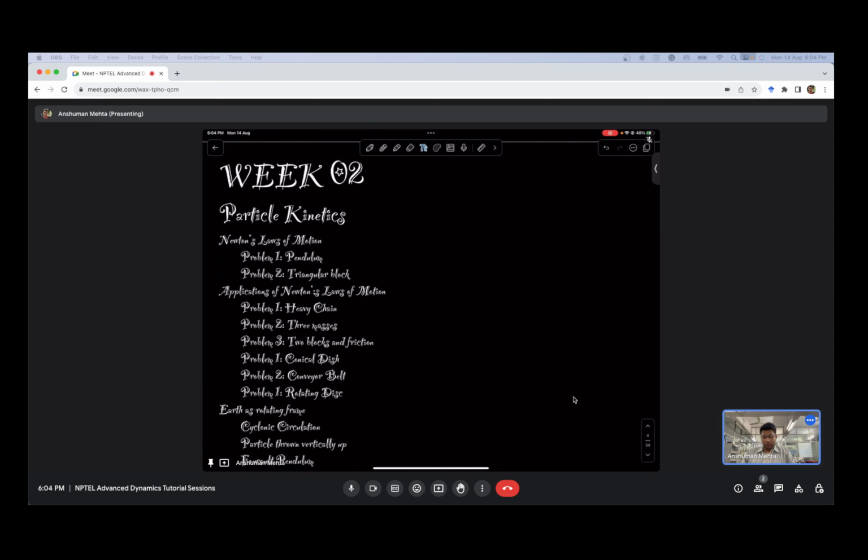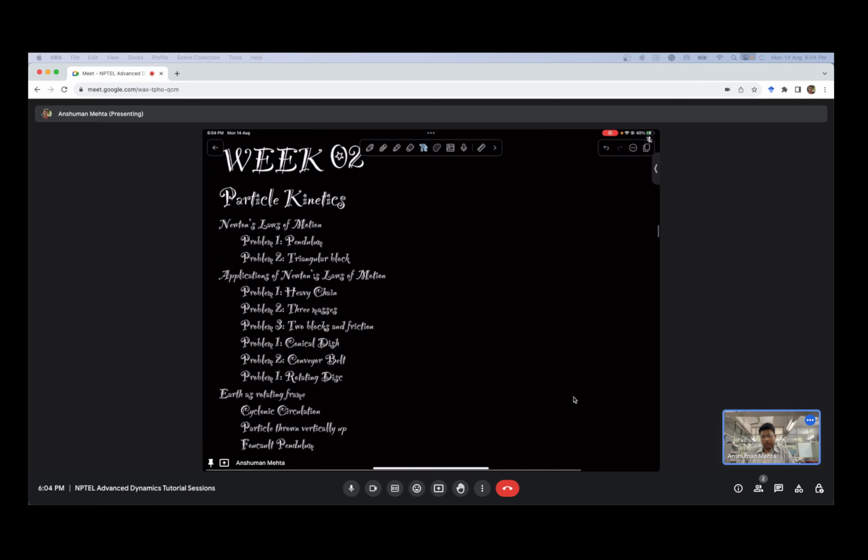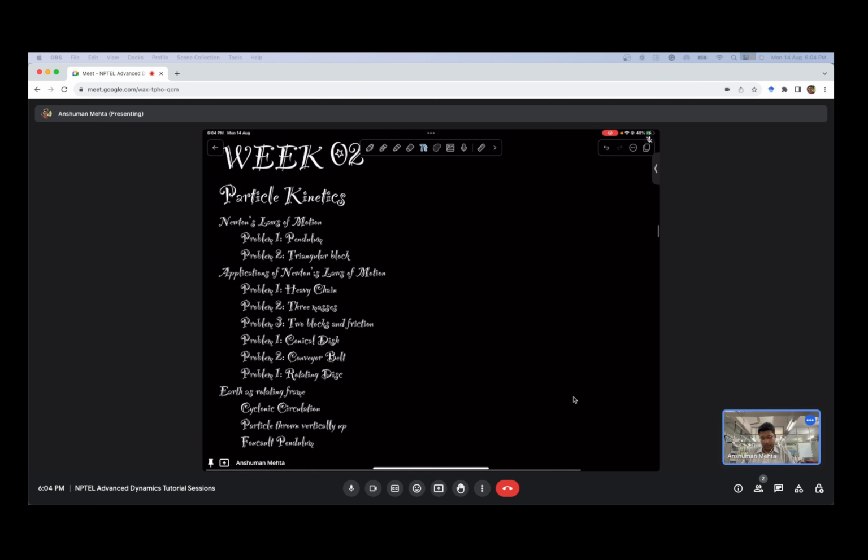Week 2 was all about Newton's laws of motion and how we can find the equations of motion.